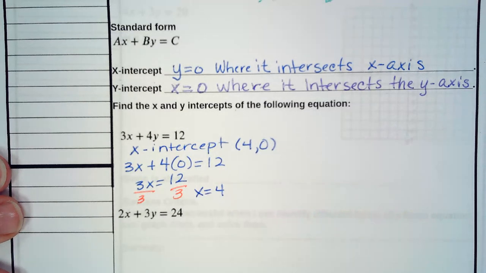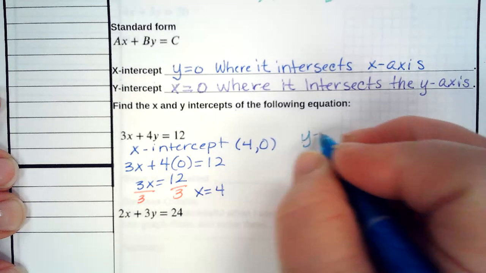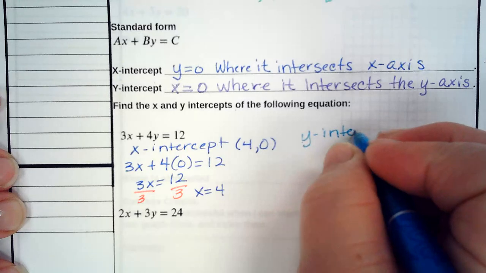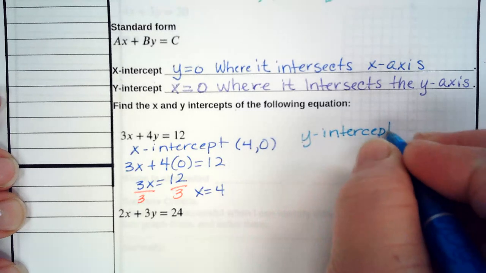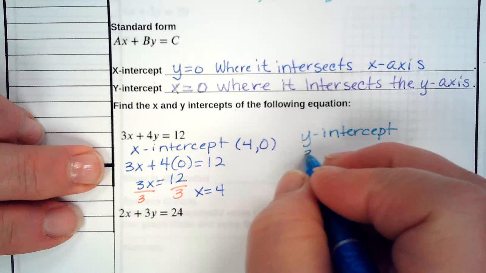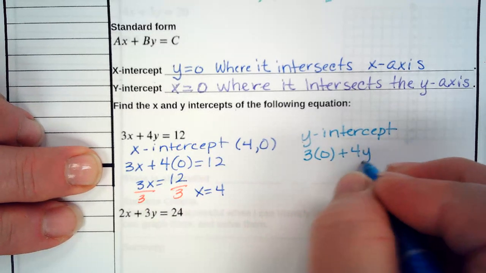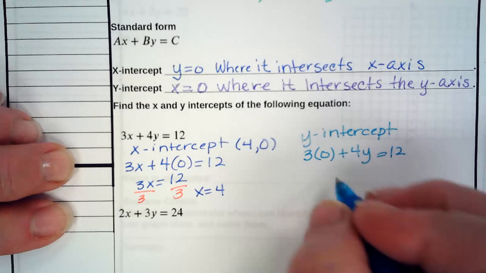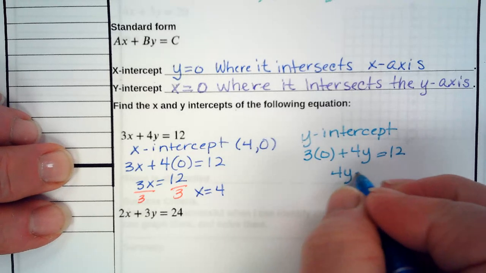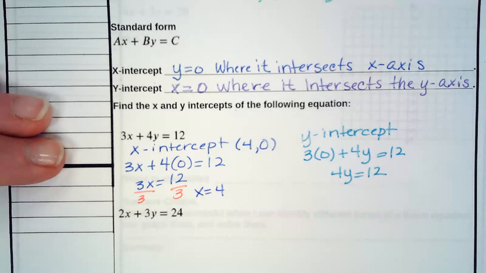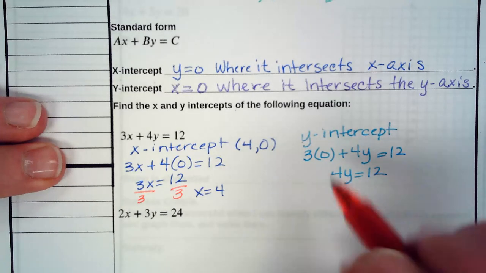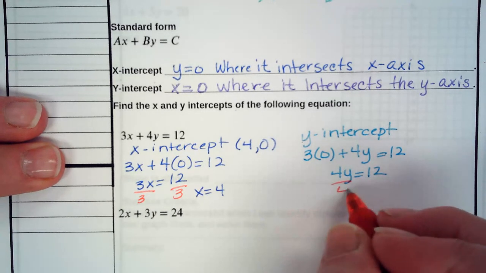For your y-intercept, this time x is equal to 0. So it's 3 times 0 plus 4y is equal to 12. 4y is equal to 12. Divide both sides by 4.